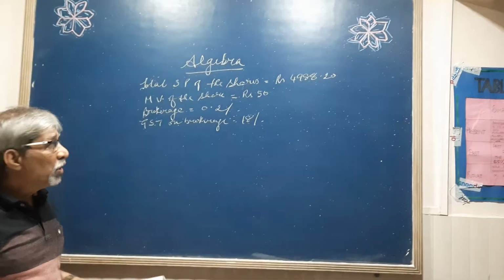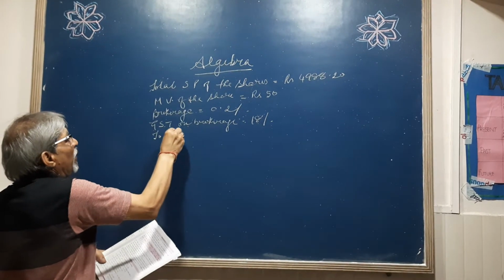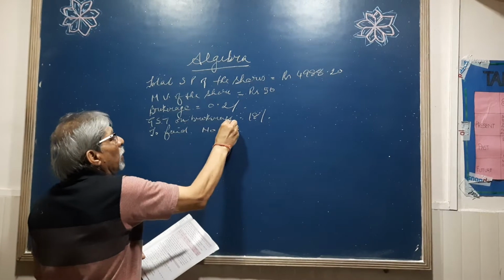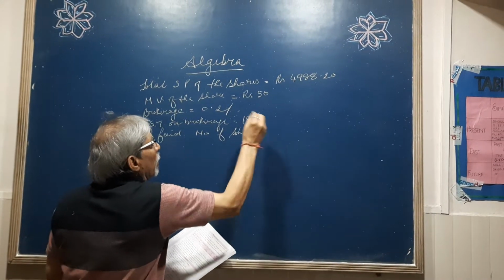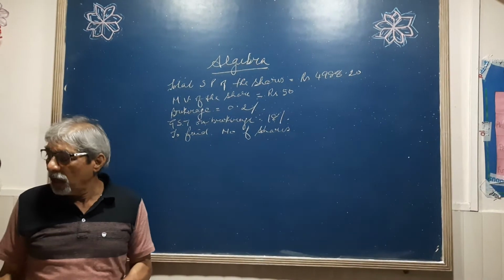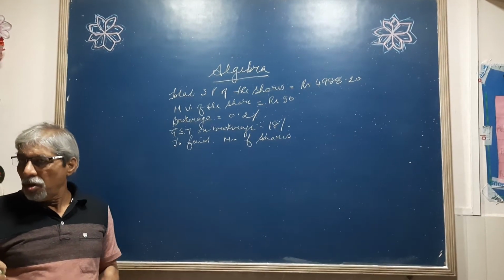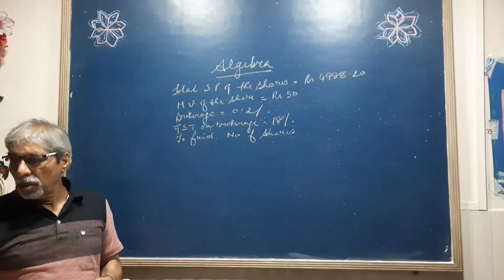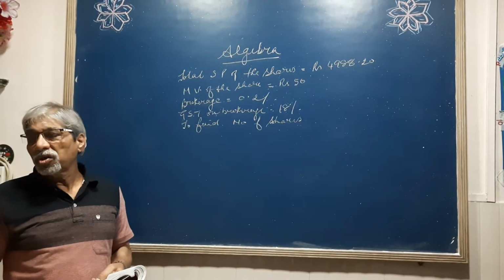Now, to find out the number of shares, the formula is total selling price divided by the cost of one share.